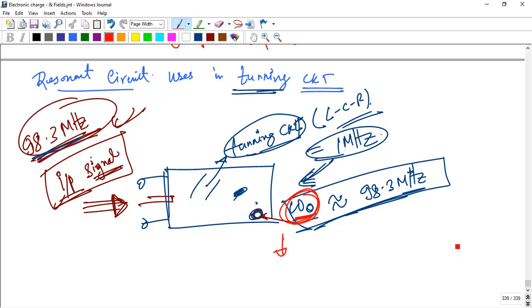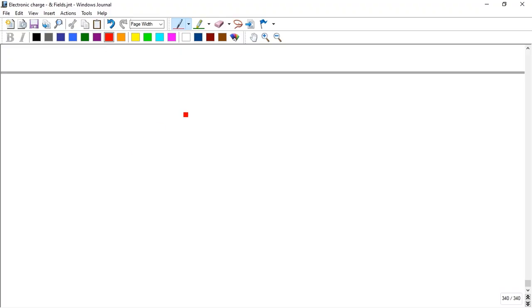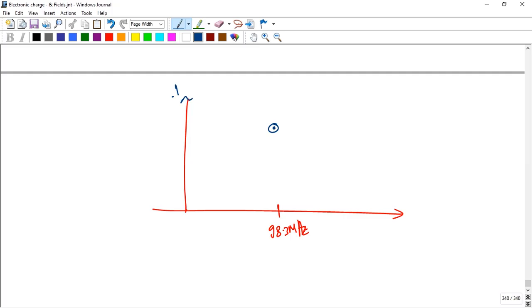Suppose the diagram looks like this. That is 98.3 megahertz, and here we get the maximum current. Suppose here 98.9 and here 97.8 megahertz, the current value will certainly drop.